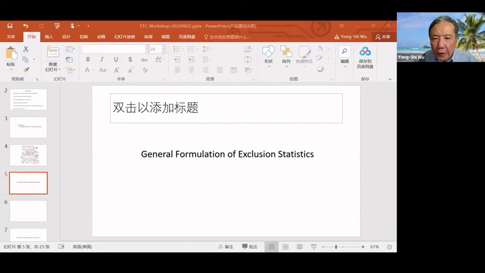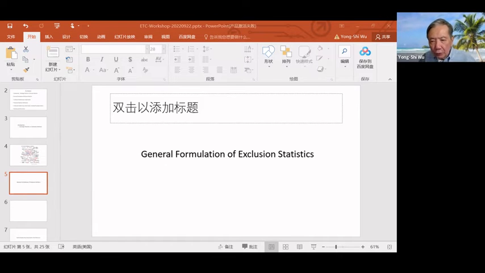Then the coefficient of ij is called the statistics matrix. When i equals j, we have the diagonal elements. When i is not equal to j, we call it the mutual exclusion statistics. We notice that the above assumption is independent of spatial dimensions. It's not restricted to be in 2 dimensions.